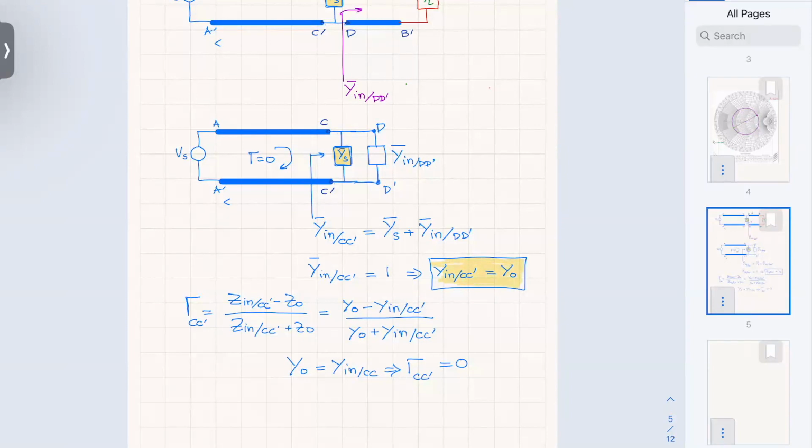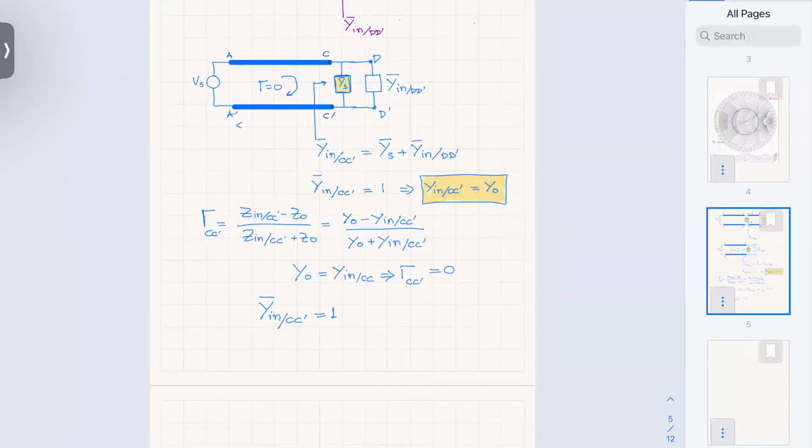The interesting thing in all of this, especially when I look at the Smith chart, is that I'm looking at the normalized values. So I want my normalized CC prime to be equal to 1, after I add YS. So what does that say?